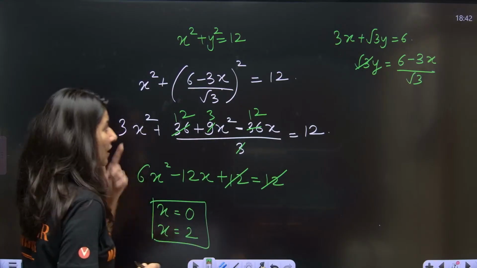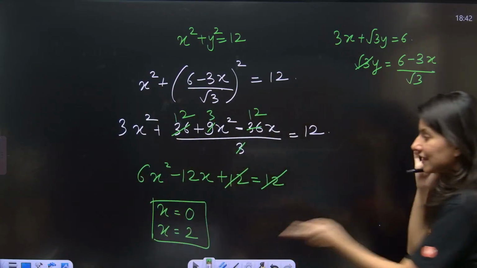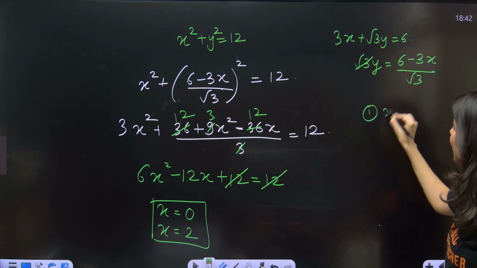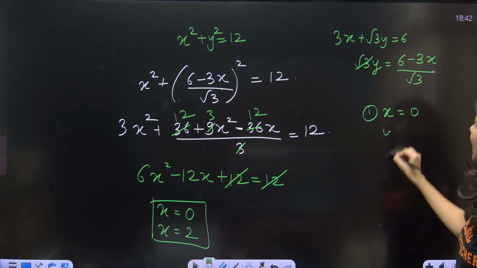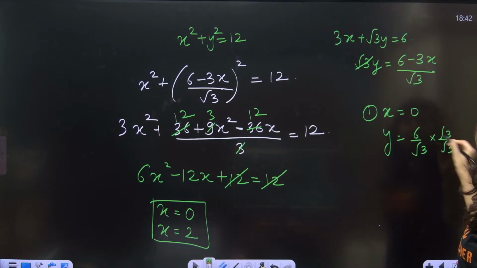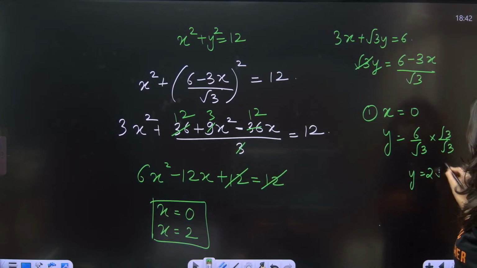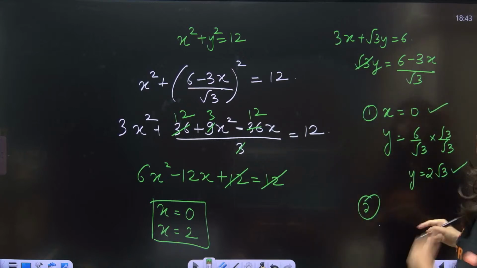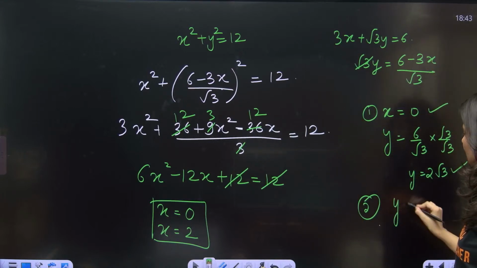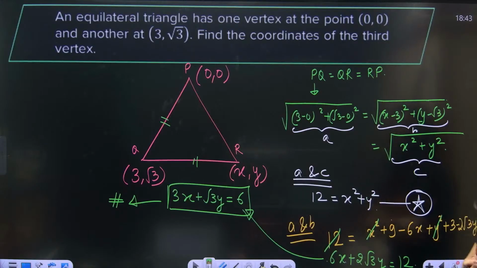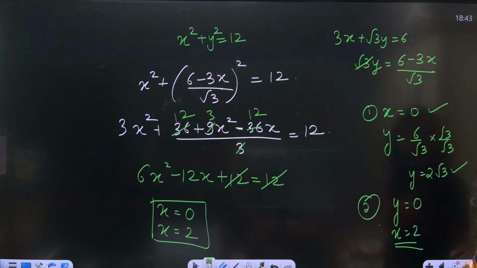Now put x equal to 0: y is going to be 6 by root 3, and if you rationalize it, y is equal to 2 root 3. And when x is equal to 2, y is equal to 0. So we get 2, 0 and 0, 2 root 3.